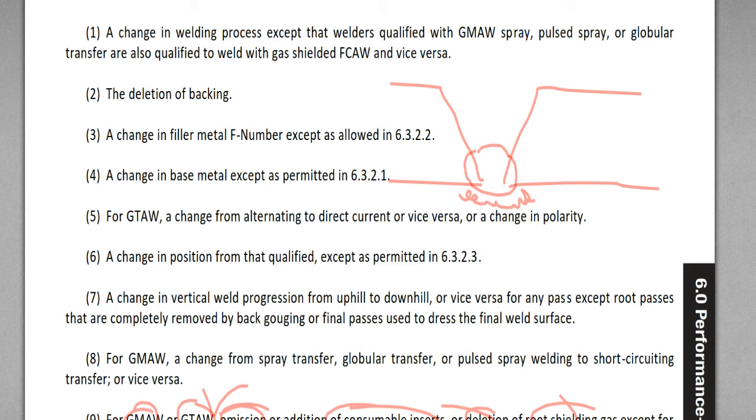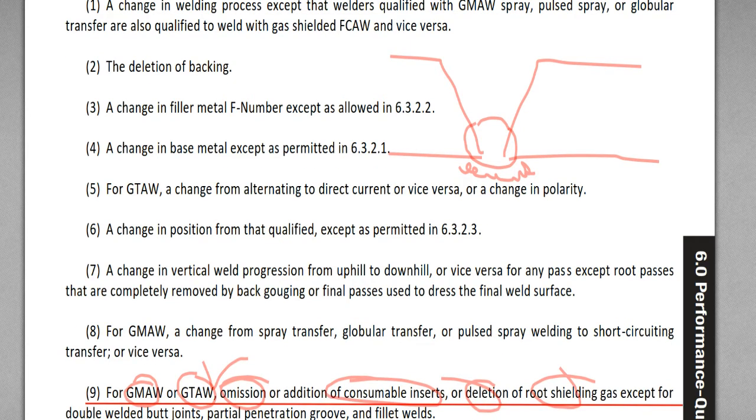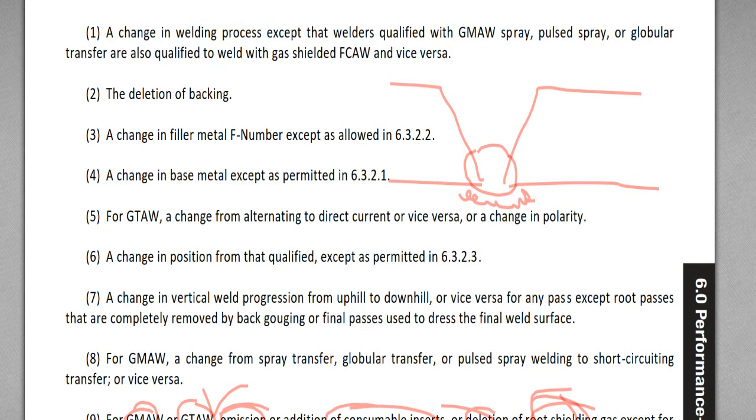To prevent this oxidation, you use shielding gas, which is called back purging or backing gas. So you use backing gas for back purging, then you can prevent oxidation on the backside.